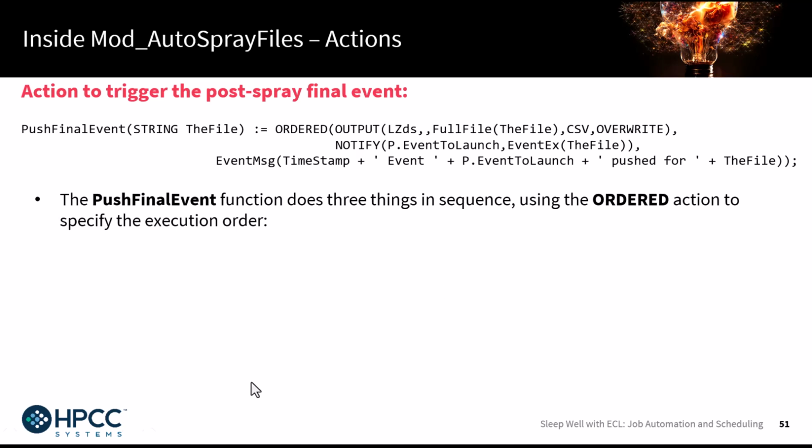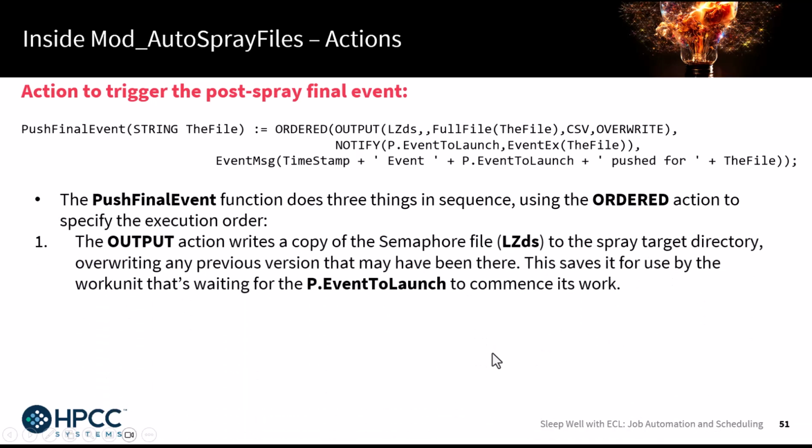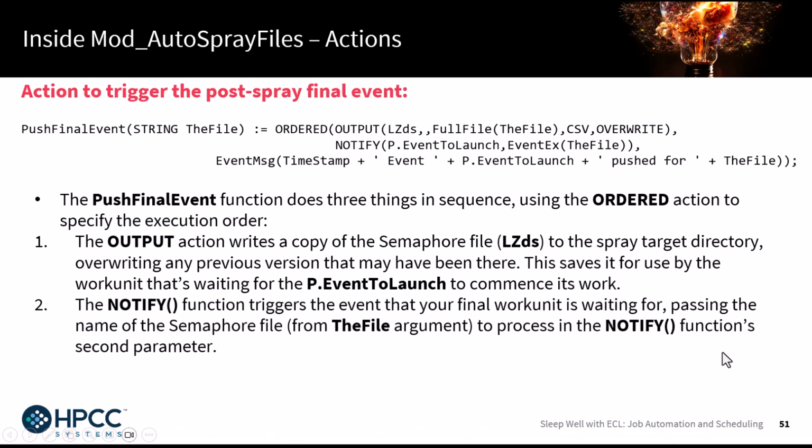It actually does three things in sequence, once again using the ordered action to specify the execution order. First of all, we have an output action which writes a copy of the semaphore file to the spray target directory, overriding any previous version that may have been there. This saves it for use by the work unit that's waiting for the event to launch to commence its work.